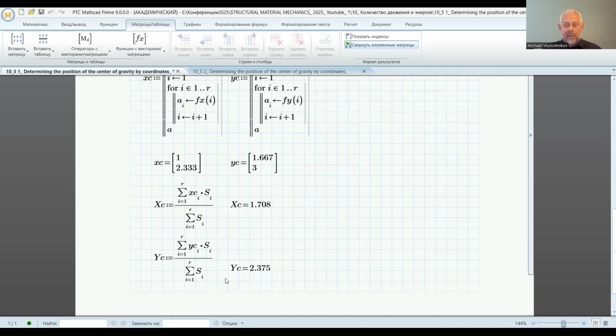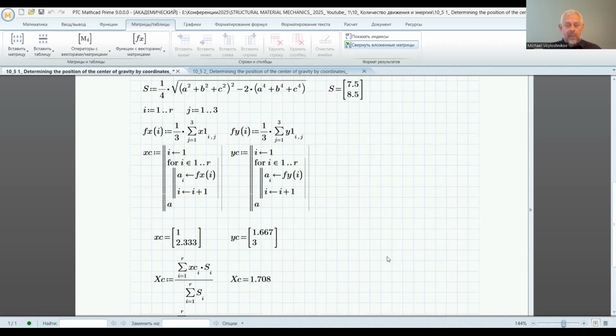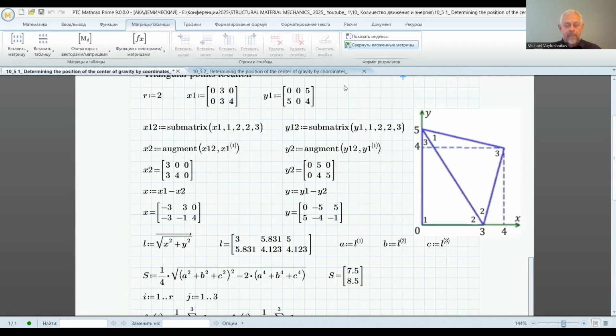This is relevant for dynamics as well, because sometimes we have to know the location of the center of the area, which could be the center of mass of the multi-angular figure. So for statics of elastic bodies, for dynamics of the rigid body, etc., we have to find these geometric characteristics, and the use of Mathcad is effective and relevant to do that. Thank you.